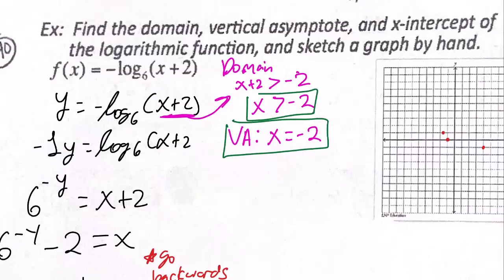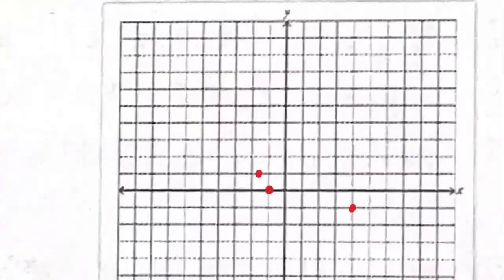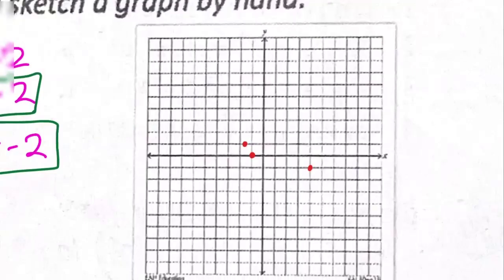So I'm going to draw my asymptote like so. And then all I have to do now is just draw it like so. And that would be my graph.